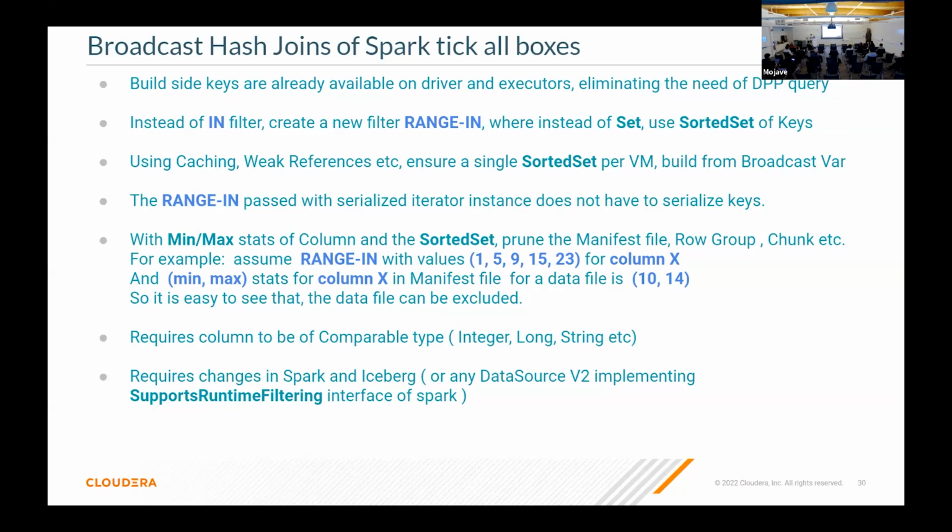The changes are needed both on the Spark side as well as the Iceberg side. Iceberg side to take in this range and filter, which has a special value, which is not actually the set of numbers or comparable values, but a reference to the broadcast variable.